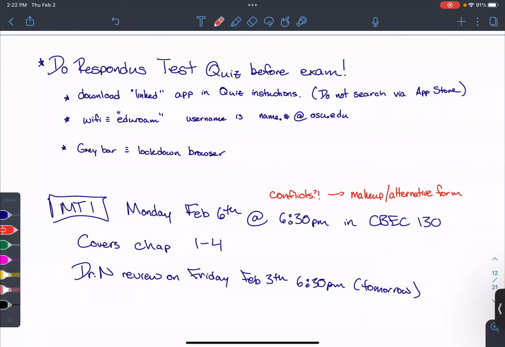All right, details about midterm 1, which is on Monday at 6:30. It's not in this room. It's in CBEC 130, the lecture room down there, in front of the brightly colored hexagon wall. Remember, the midterm covers chapters 1 through 4.